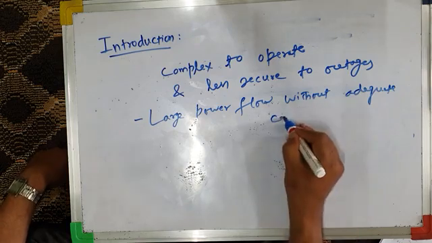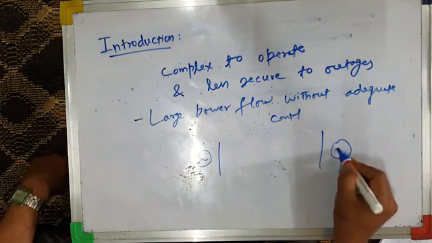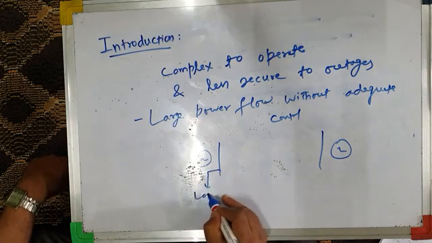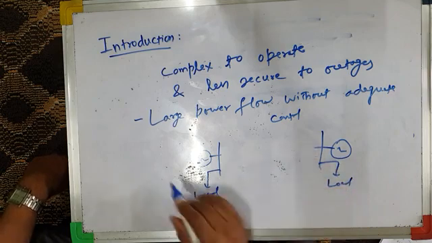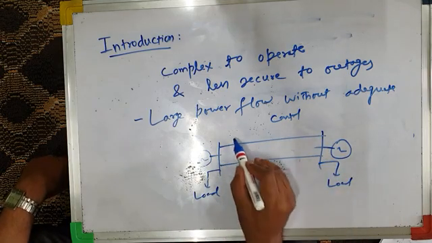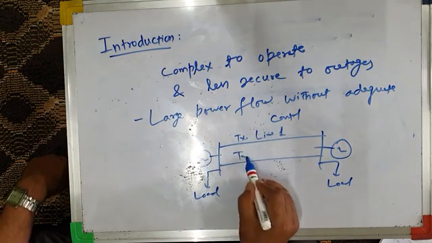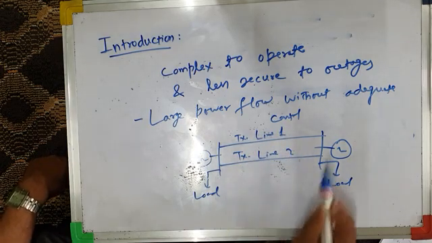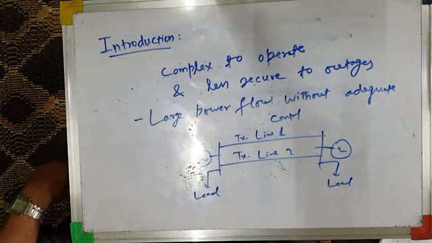That means, for example, you have an interconnected system like this. You have a load on this bus, and a load on this bus also. You have generators on both ends, and two parallel interconnected transmission lines, transmission line 1 and transmission line 2. There may be uncontrolled flow of power over these lines.